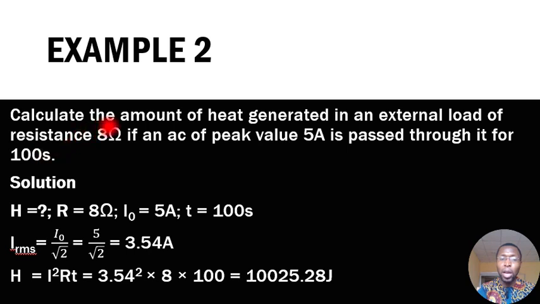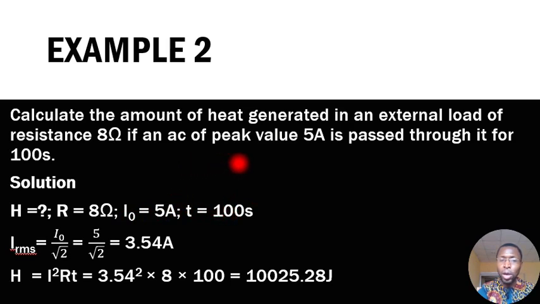Okay, here we have to calculate the amount of heat, so we are looking for H. We are given a load of resistance 8 ohms, so our resistance is 8 ohms. We are given a peak value current to be 5 ampere, so our I naught is 5 ampere. We are given a time of 100 seconds.